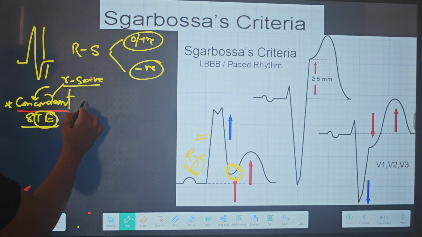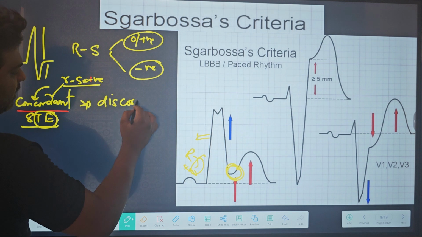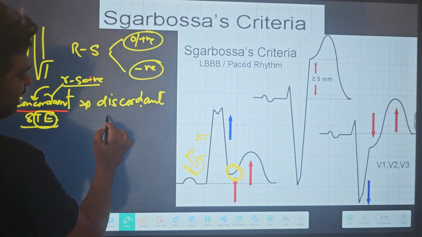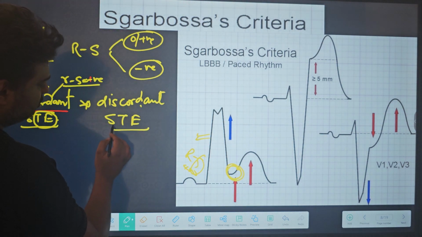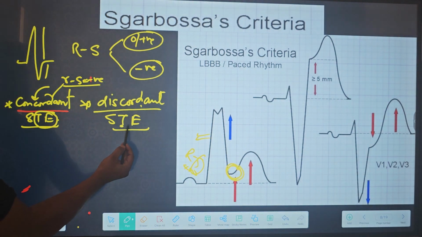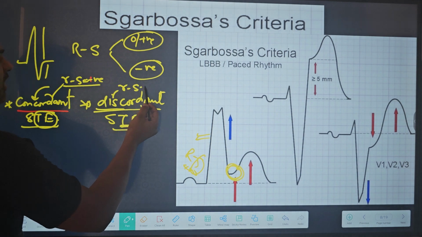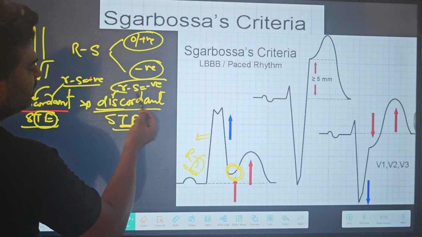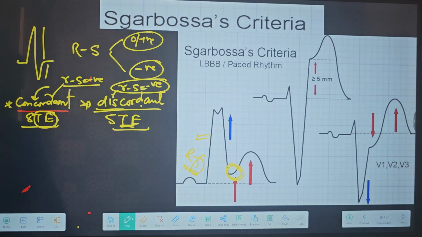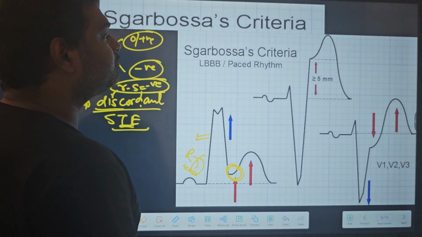Then we have to understand the second term, discordant ST segment elevation. This term also tells that there will be an ST elevation, but what is the meaning of discordant? Discordant means R minus S will be negative. That is, net QRS will be below the baseline. Now see this.